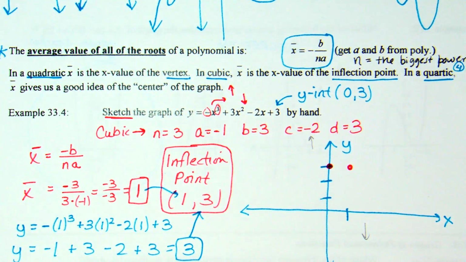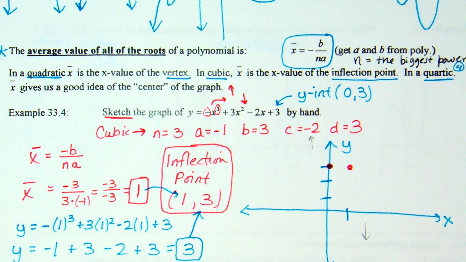Where's my inflection point on this one? There's my inflection point, commonly referred to as our IP. Okay, if that's our inflection point, and that's 1, 3, where is 0, 3? 0, 3 is just that random point there.